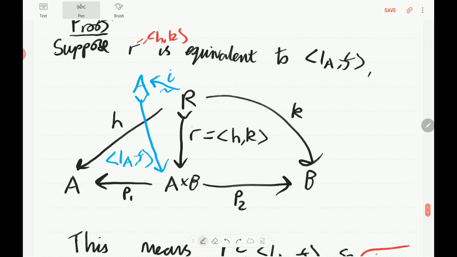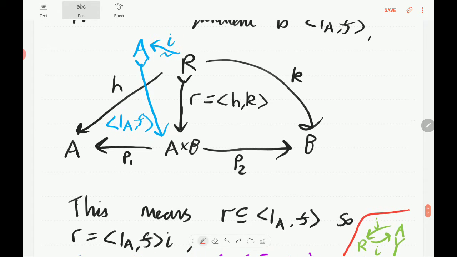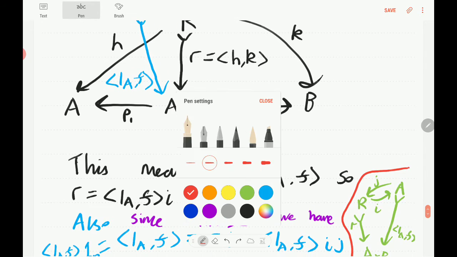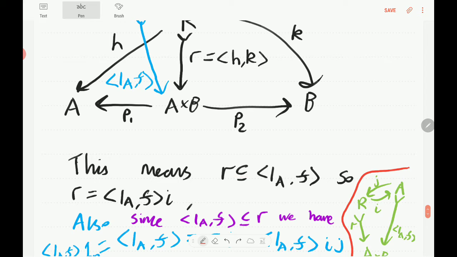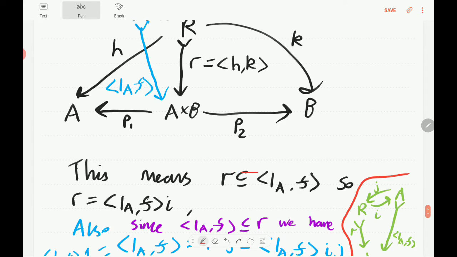Well, here is R, and here's our graph, and we're supposing that these two things are equivalent. What does that mean? Well, it means that R is contained in the graph, and also that the graph is contained in R. From the fact that R is contained in the graph, we have that R is equal to the graph after I.